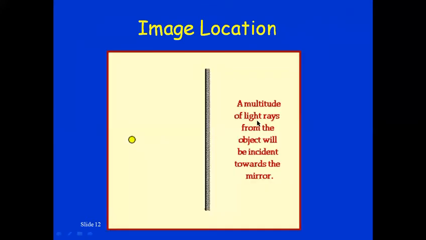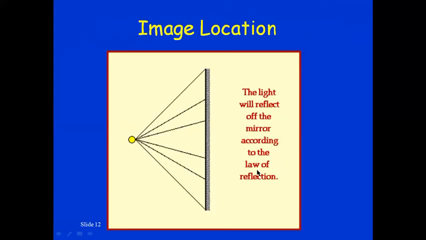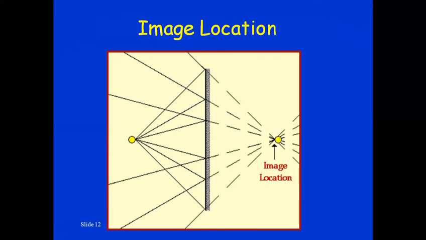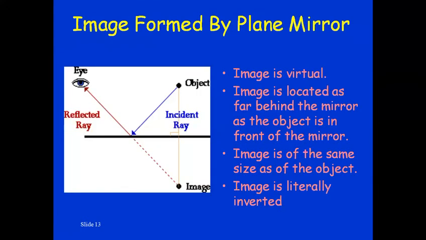Rays of light from the object will be incident towards the mirror. Then the light will reflect off the mirror according to the law of reflection. And then the image is the location where all reflected light rays intersect with each other. Hence, this will be the image location.